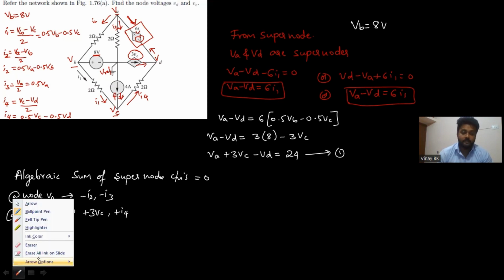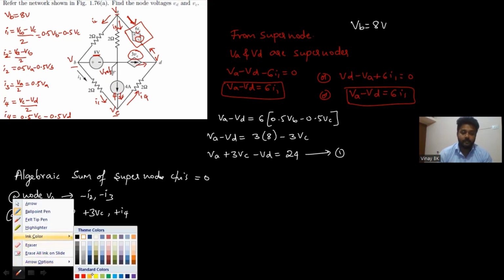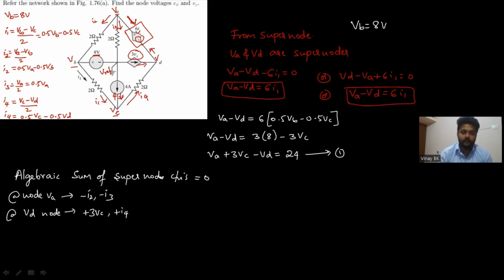If you are having doubt, just observe the supernode. See here at VA, I2 is leaving and I3 is leaving, so minus I2 minus I3. At the VD node, that is at this supernode, 3 into VC is entering and also I4 is entering.